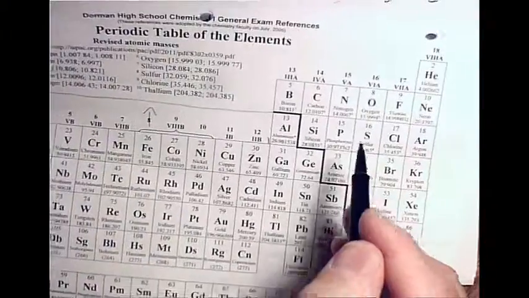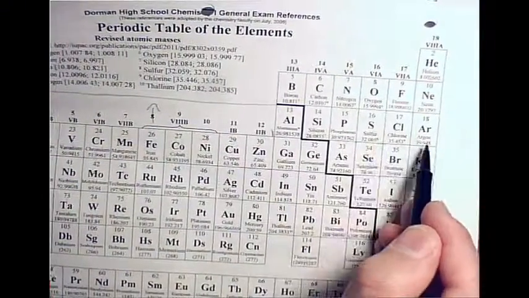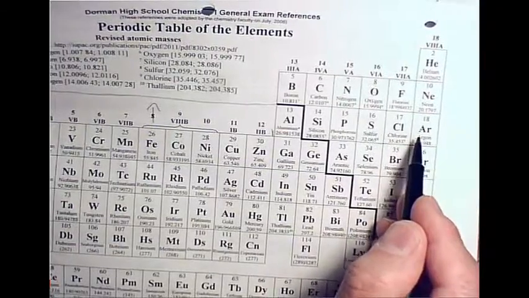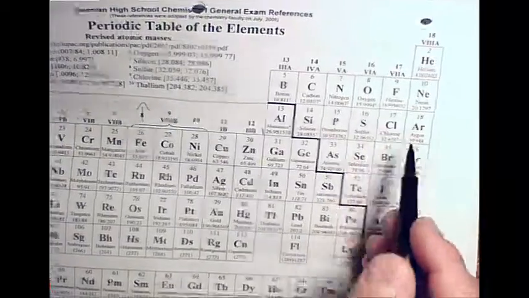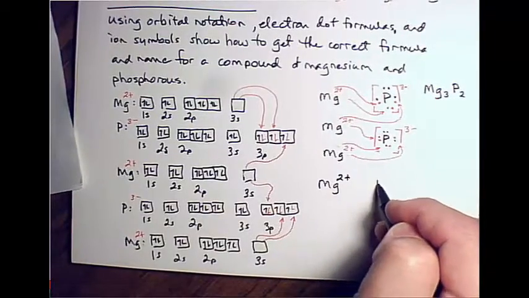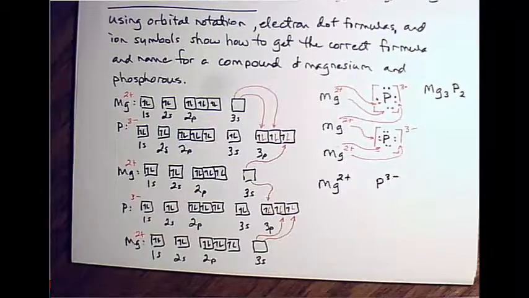Phosphorus is right here. It's easier for it to gain 3 electrons and have the electron structure of argon. So we can infer a charge on that phosphorus of 3 negative. Okay?